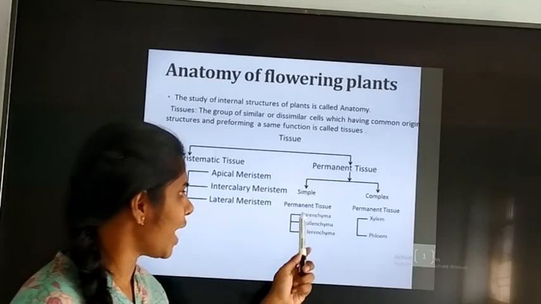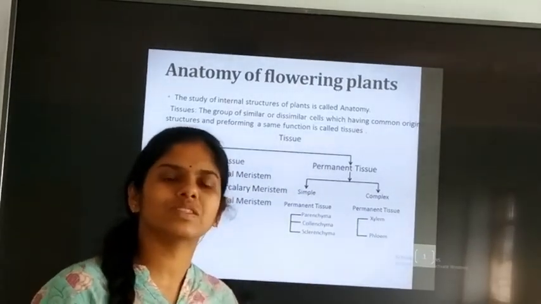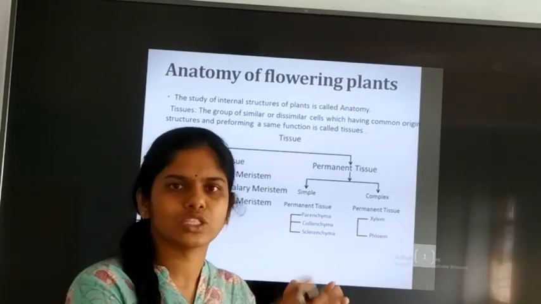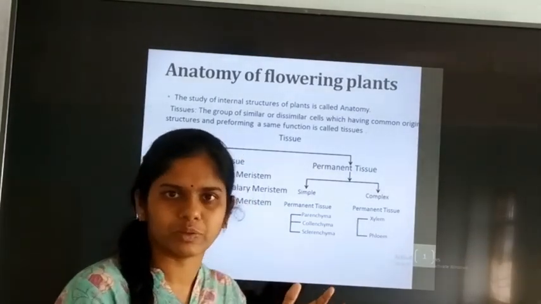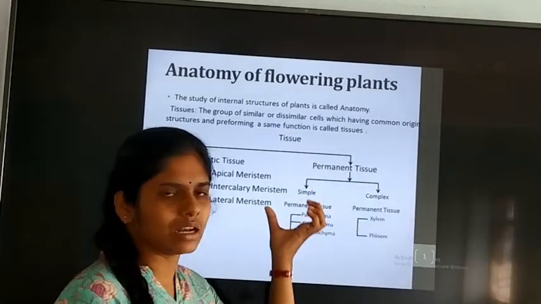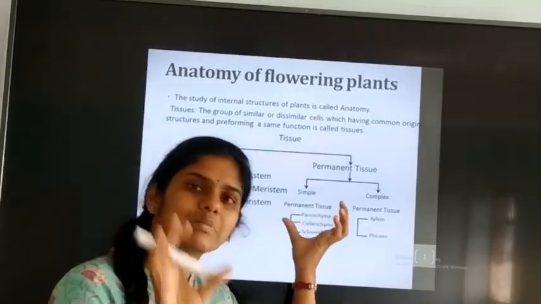For example, parenchyma. It is a group of similar cells, a number of parenchyma cells forming a tissue.